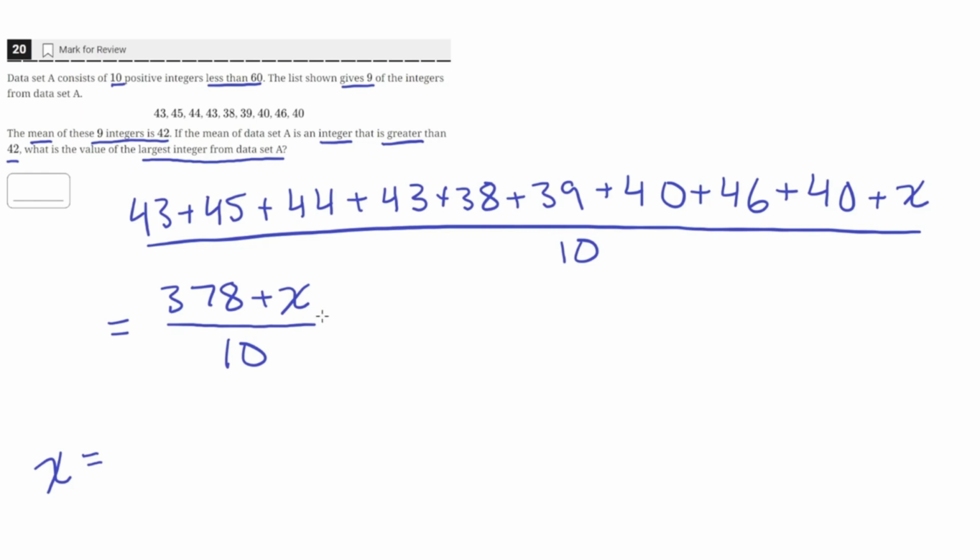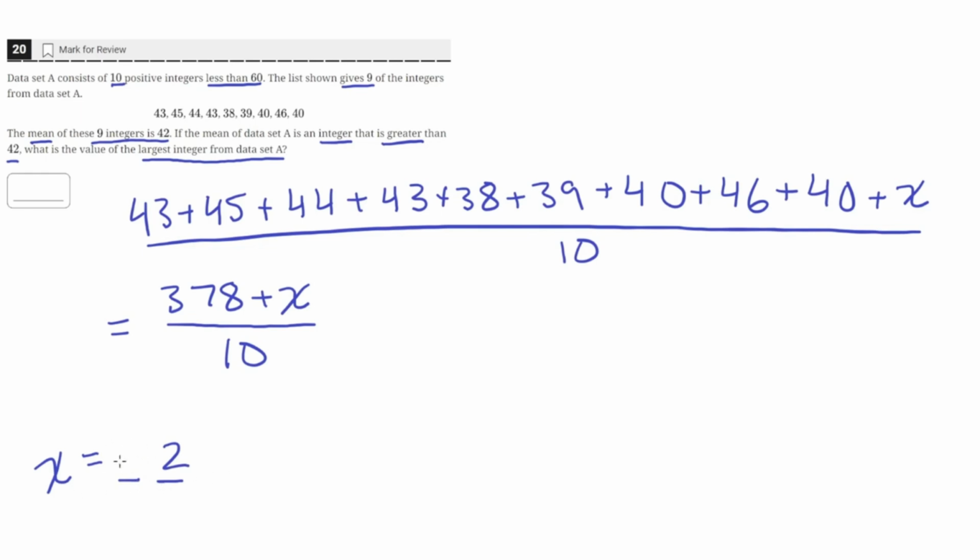And in order for this to be a multiple of 10, x has to have a 2 in the ones place, because when we add 2 to 378, we'll get some multiple of 10. So we'll put 2 in the ones place.